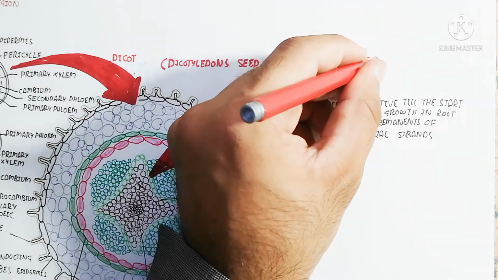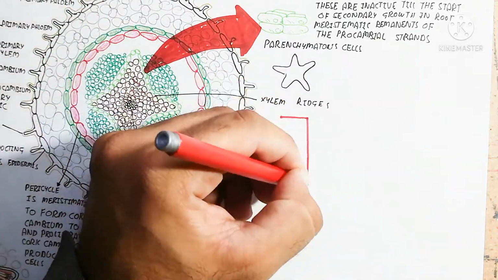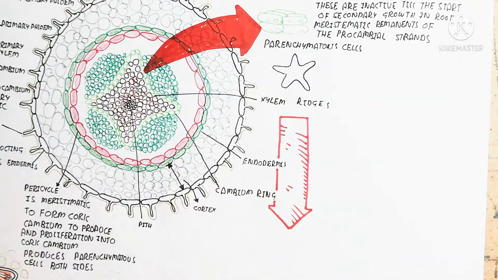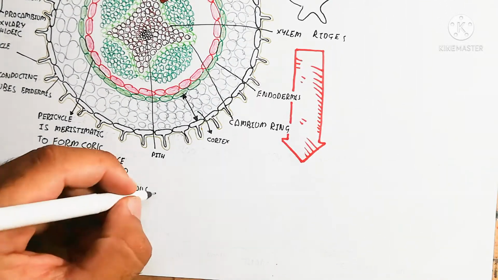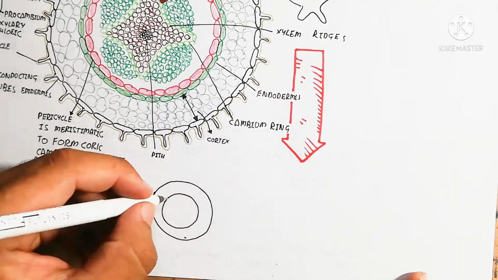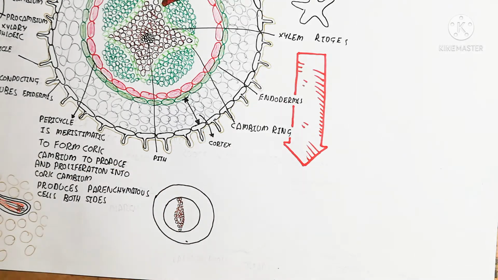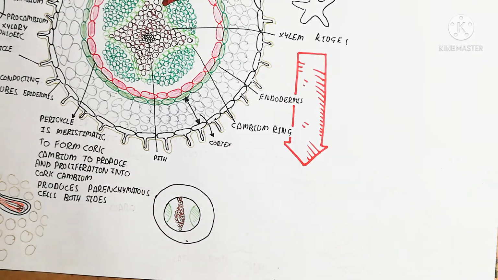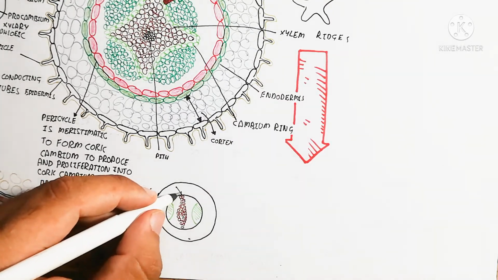That means during the secondary growth, this cambium ring will produce the secondary xylem and secondary phloem. Here the green color shows the primary xylem, while the white region that I am not drawing is the secondary phloem, and the primary phloem. So I am drawing the primary phloem.